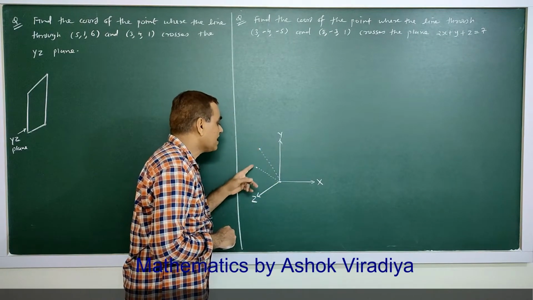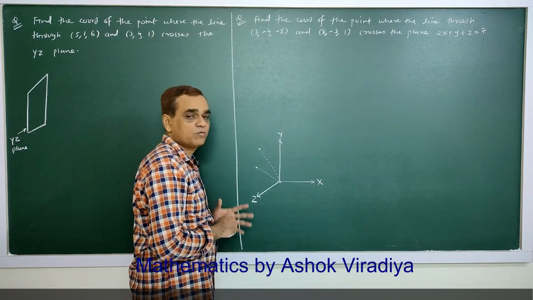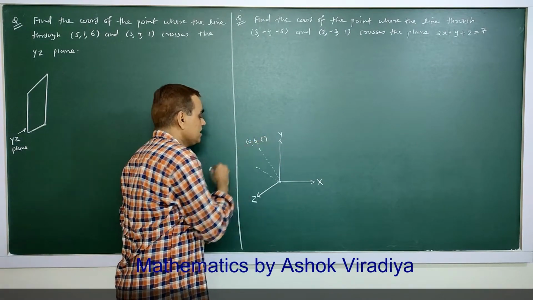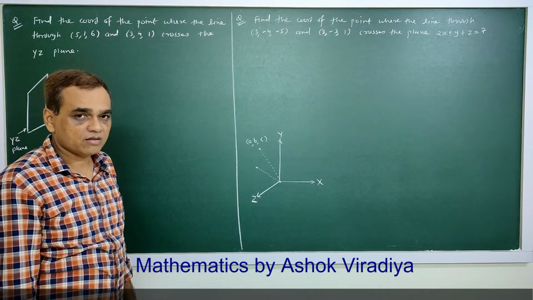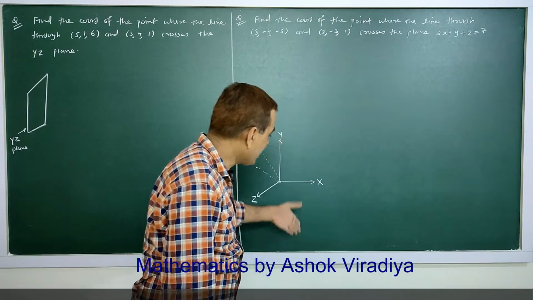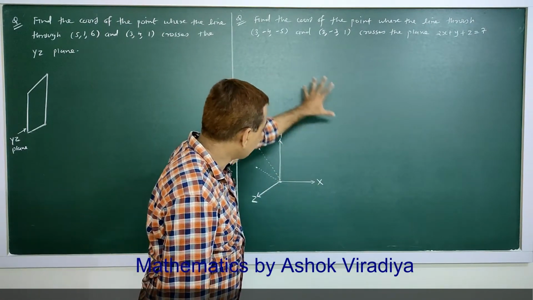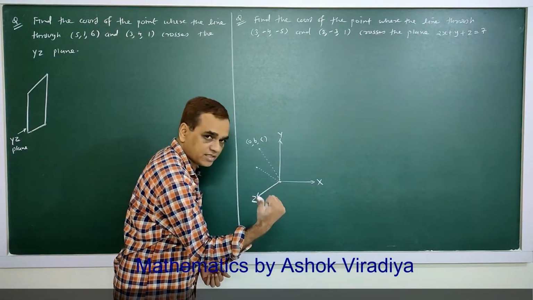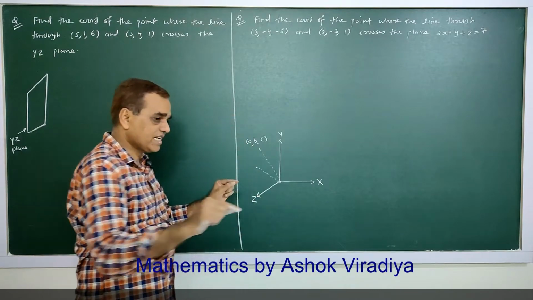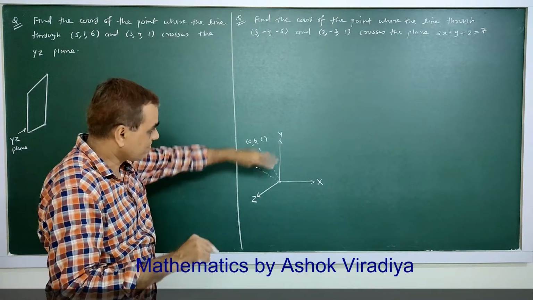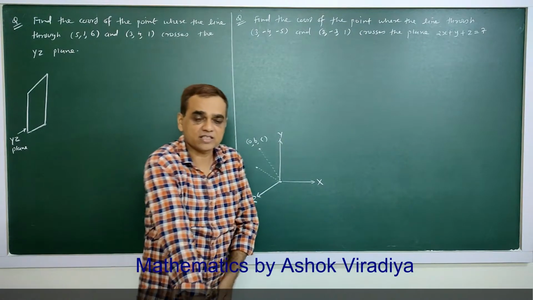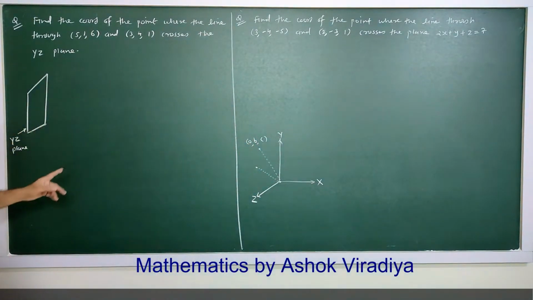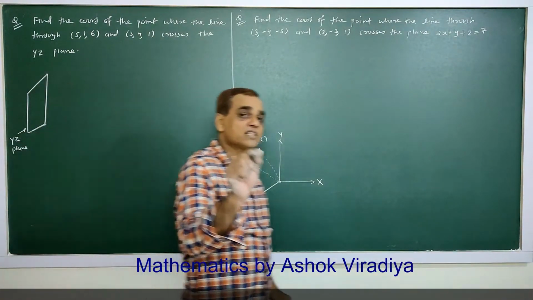So every point on the YZ plane has x coordinate 0. Coordinates of any point on the YZ plane are like (0, b, c). If the blackboard is the XY plane, then this is the Z axis, and the YZ plane is perpendicular to the surface of the blackboard. So it is like this. This is the YZ plane. So keep remembering, every point on the YZ plane has x coordinate 0.